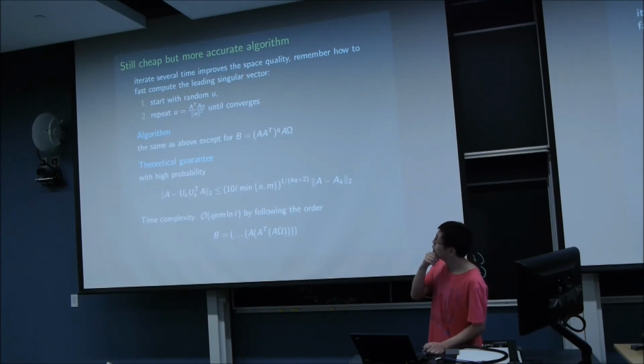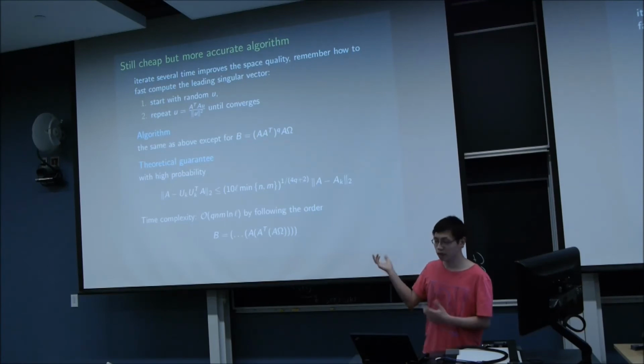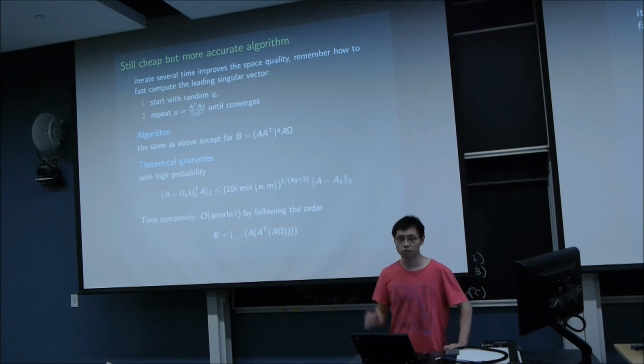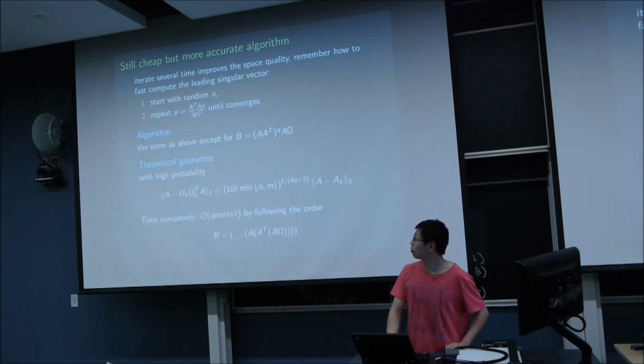For example, say you want to compute the principal component of A, that is the leading singular vector of A. You can use a very simple algorithm. For example, you want to compute U, the leading singular vector. You start with a random one, and iteratively compute this equation until it converges.